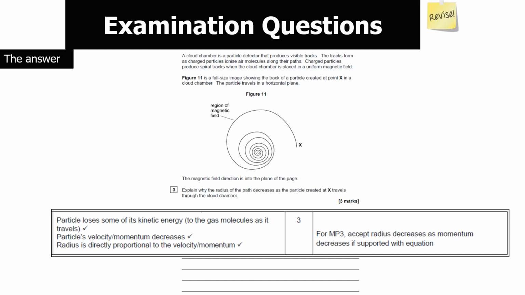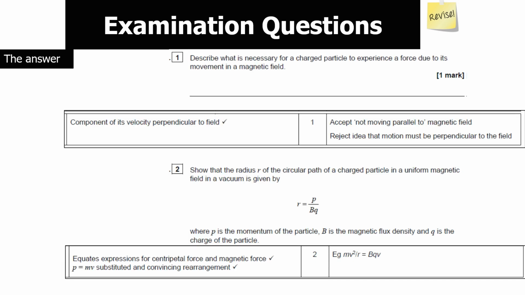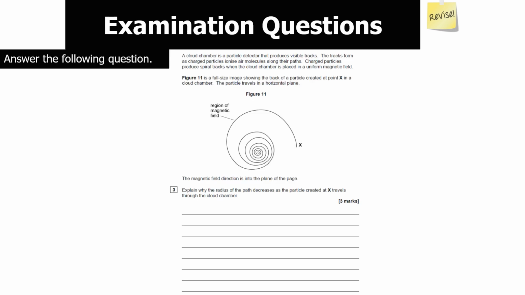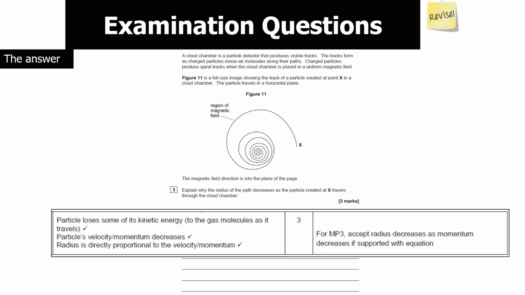If you look at the previous question, R equals mv over BQ, so R equals P over BQ. What that indicates to us is that the radius of the orbit is directly proportional to the velocity and the momentum. So if the momentum decreases and the velocity decreases, the radius will decrease as well, as shown by the path in the figure.